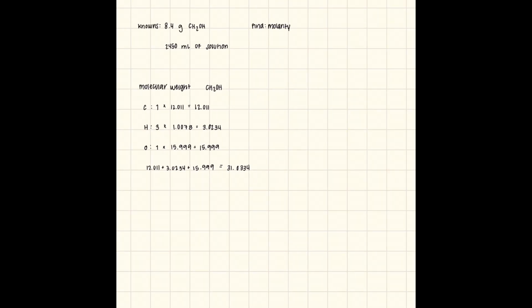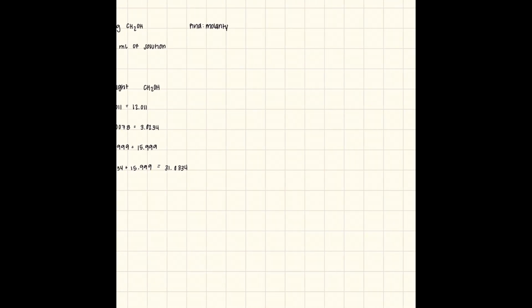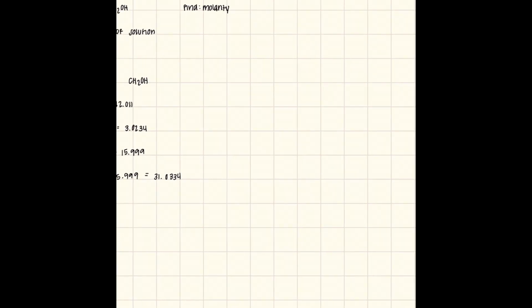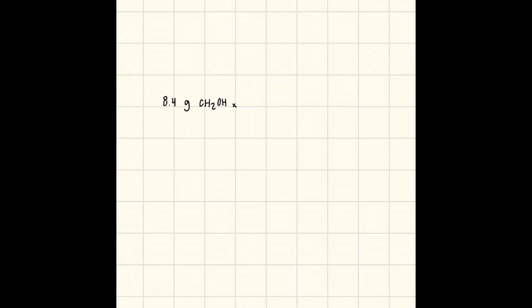I'm going to take 8.4 grams of CH2OH, and we are going to multiply that by 1 mole of CH2OH over the molecular weight of CH2OH that we found, which is 31.034 grams of CH2OH.